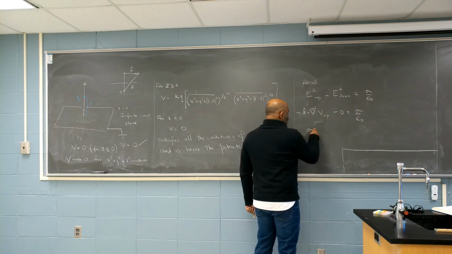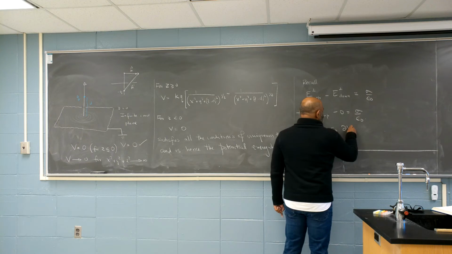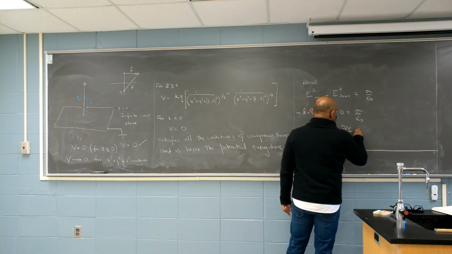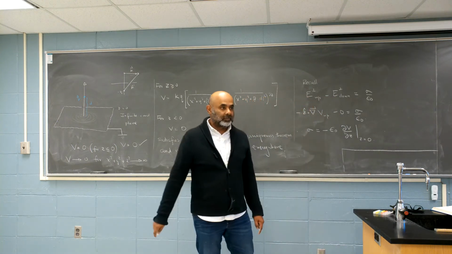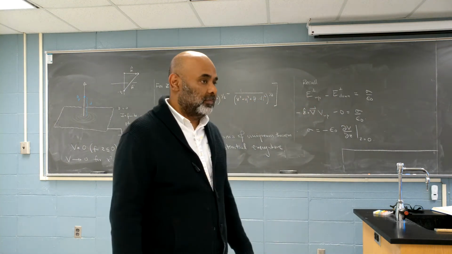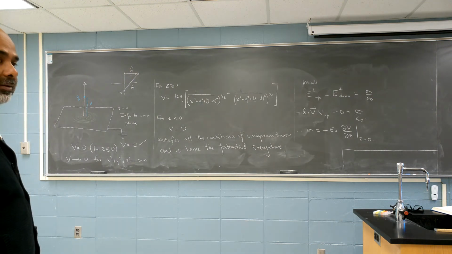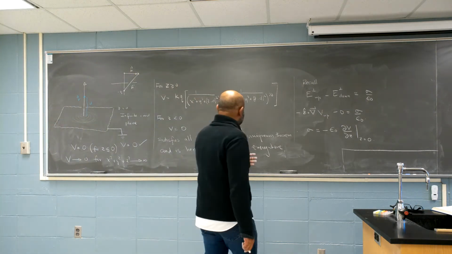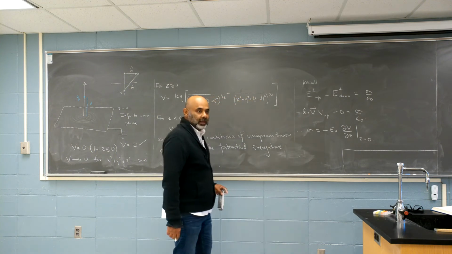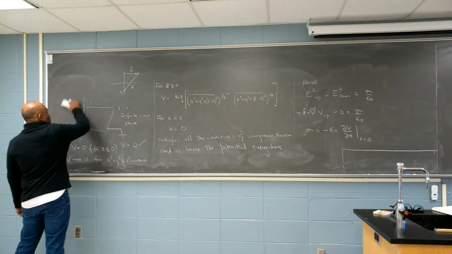Therefore, sigma equals negative epsilon naught dV dz, correct? I have to erase the diagram and redraw it if necessary. Otherwise, I'll be cluttering up the argument.